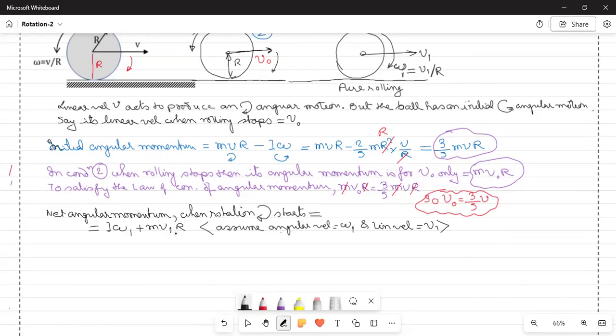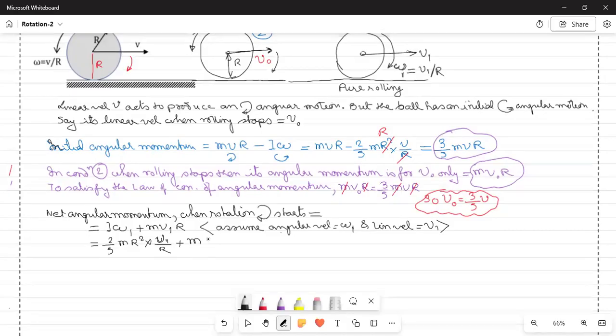So the angular momentum at that time is equal to I, which is 2 by 5 m r square, multiplied by omega 1, which is v1 by r.